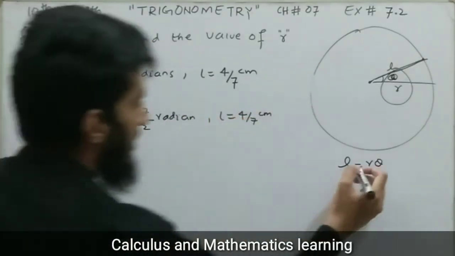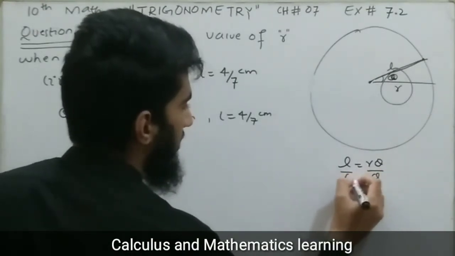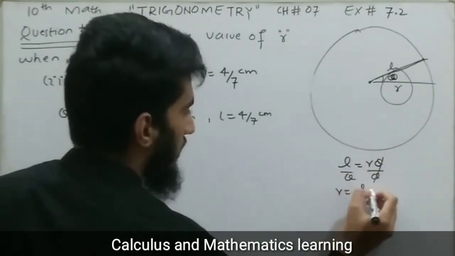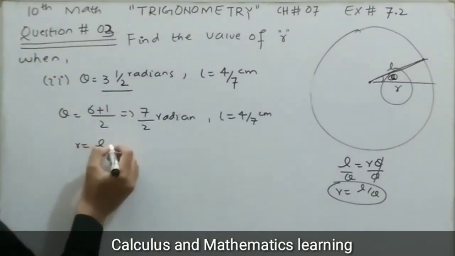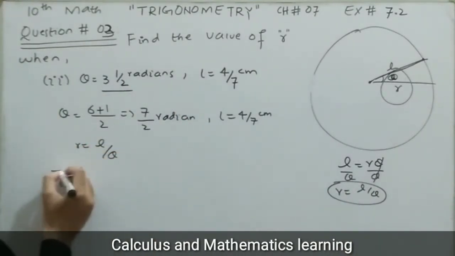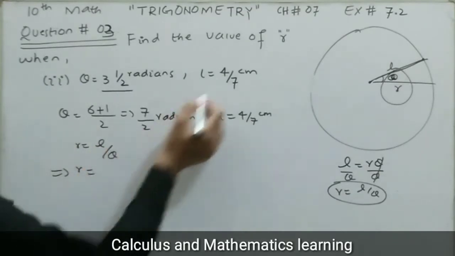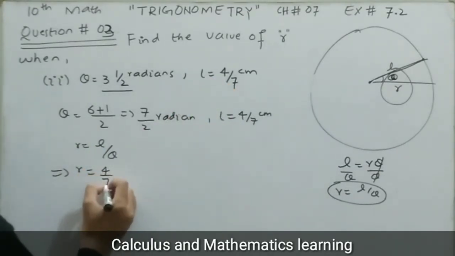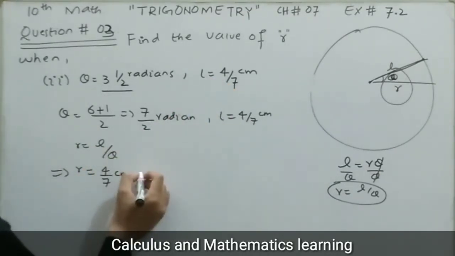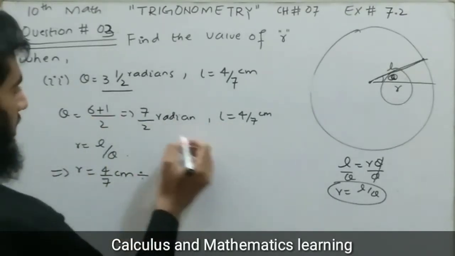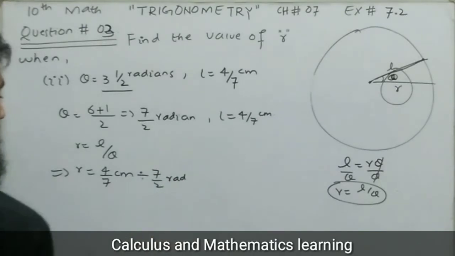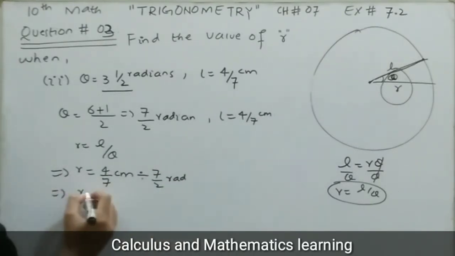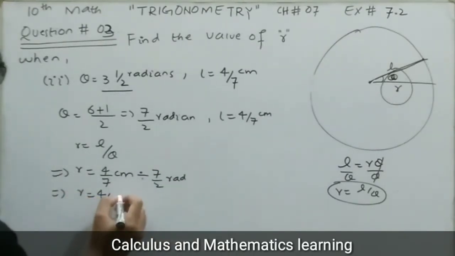Now from this formula, divide by theta. So we are left with r is equal to L divided by theta. Putting the values, the value of r will be L, 4 divided by 7 centimeter, divided by theta. Theta is 7 by 2 radian. Now r will be equal to 4 divided by 7 centimeter divided by 7 by 2.